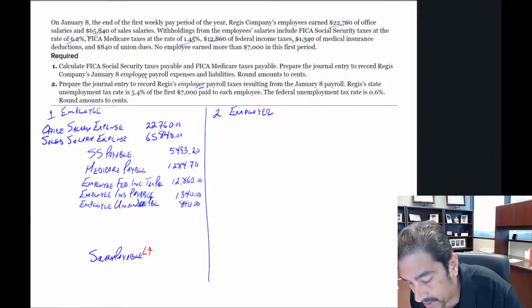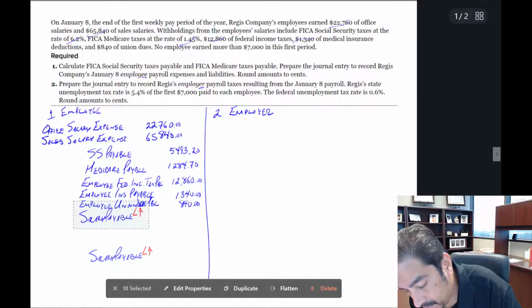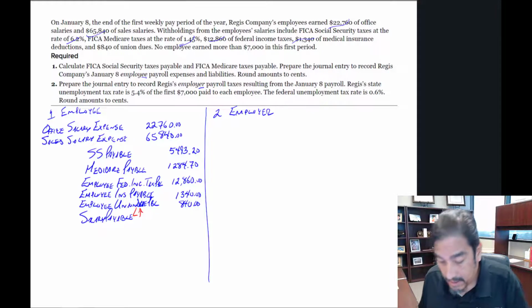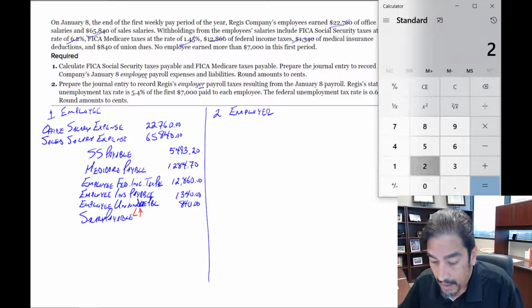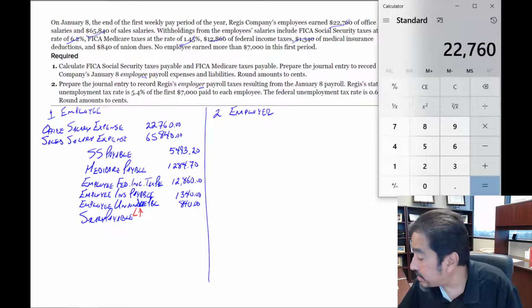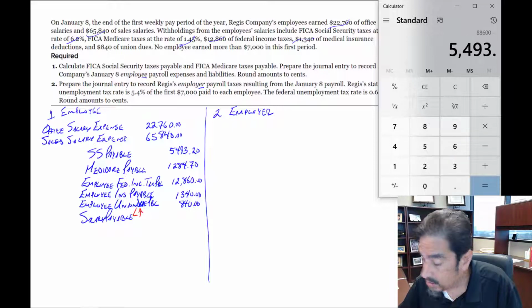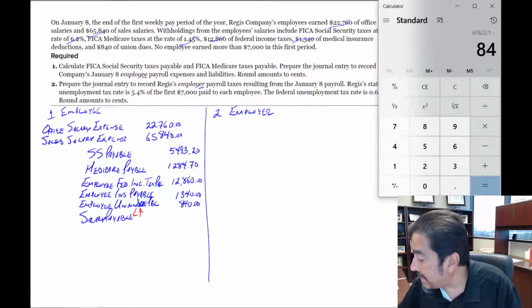And then I'll move this salaries payable up. And that's going to be the difference. So I'm going to start off with my 88,600. Actually, I'll just go 22,760 plus 65,840 just to double check my math. Yeah, 88,600 minus all of these deductions: minus 5,493.20, minus 1,284.70, minus 12,860, minus 1,340, and minus 840.